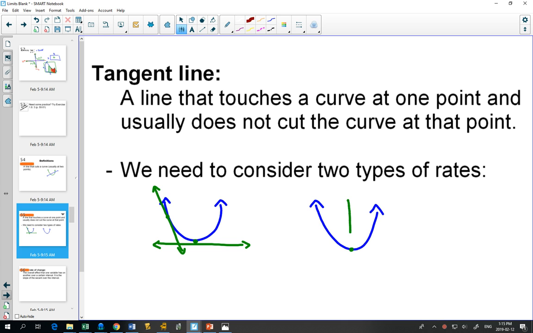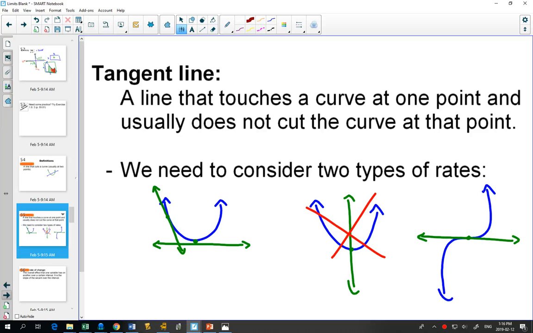Even though I could cut through it perfectly only once by going straight up and down, this is not a tangent. There is a situation where on an x cubed graph, the tangent does cut through the curve at that one point.